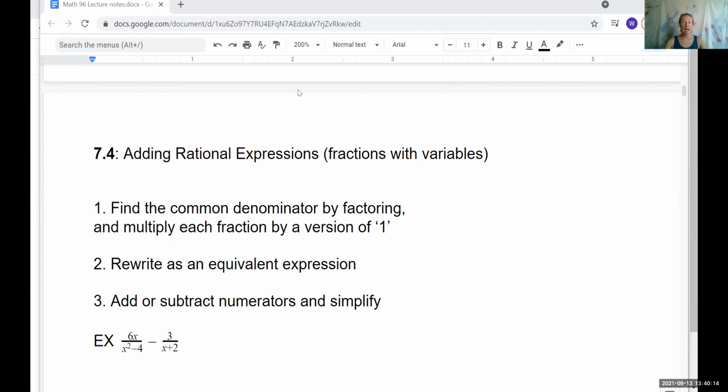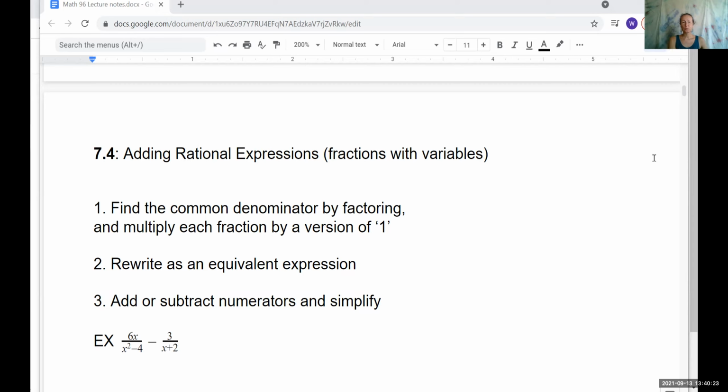Let me share with you an overview of the steps that we're going to use. By the way, this is section 7.4 in the San Diego City College textbook.